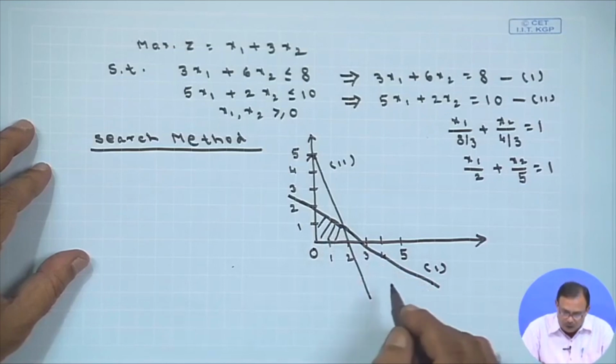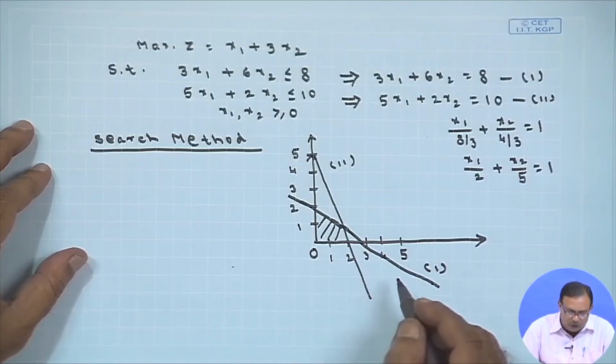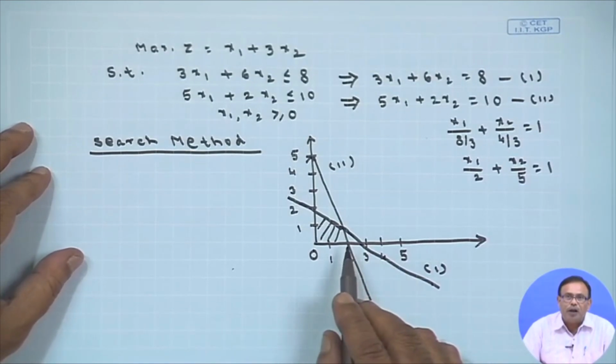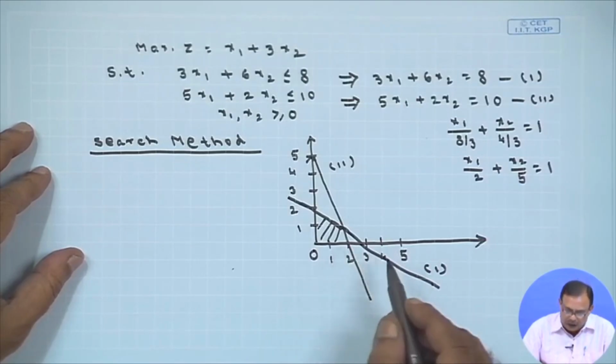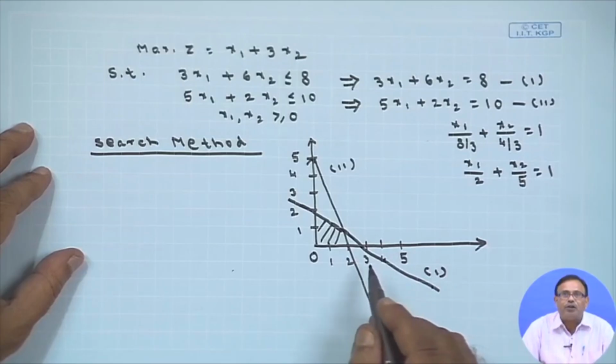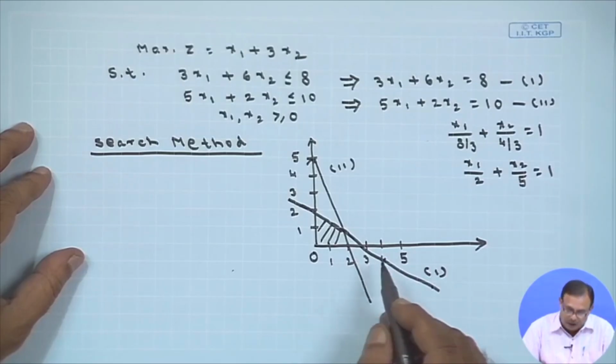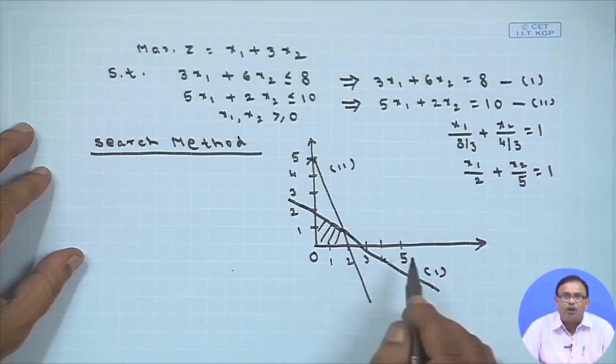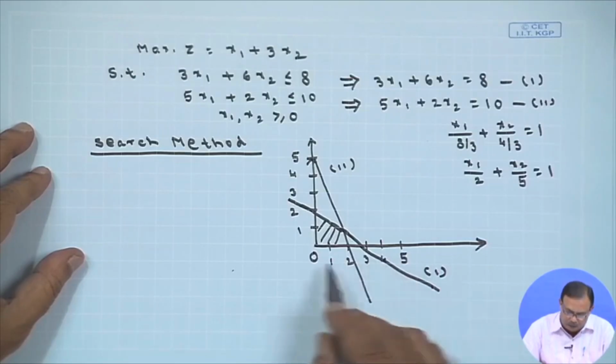This was step 1. In step 2, you have to find the extreme points. As you remember, extreme points are the boundary intersections of two lines.